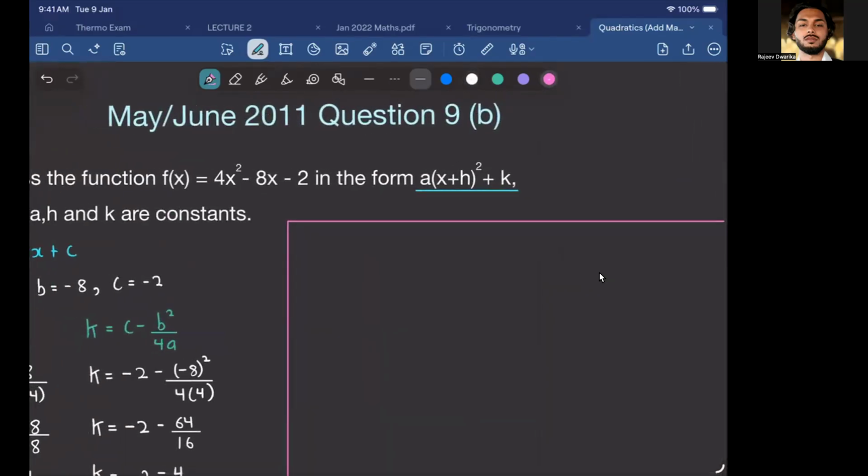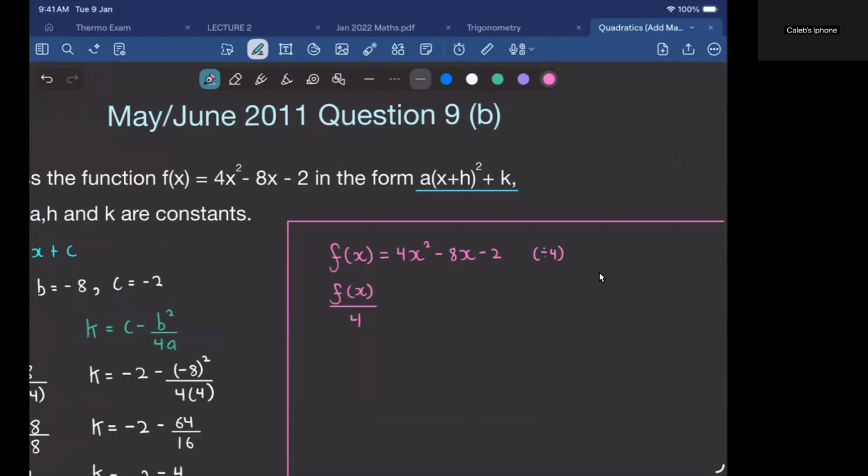So first things first, Caleb. What is the number in front of x squared? 4. Okay, we can't do it if it's 4. We can only do it if it's 1x squared. So what should I do throughout? Divide by 4. Exactly, I should divide it by 4. So we're going to end up with f of x over 4.